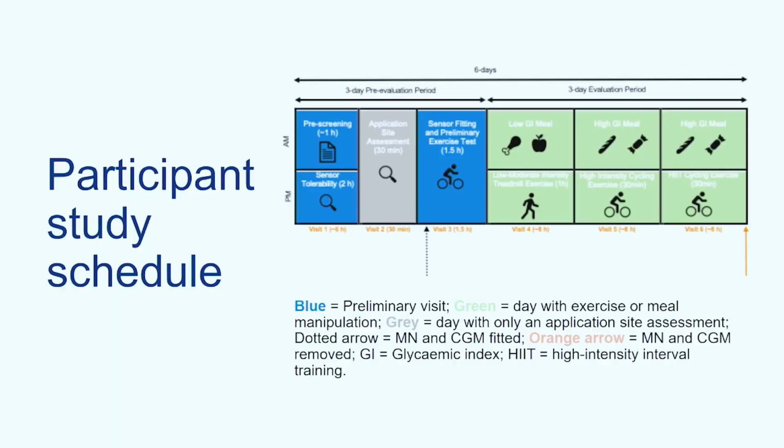And now let's have a look at the data that came out of the Ministry of Defense studies here. This was the participant study schedule. We were doing studies over 6 days. There were 3 days of pre-screening and 3 days of evaluation, and this is the program that our sports and exercise scientists came up with. They said on day 1 we are going to give them a low GI meal, whatever that means.